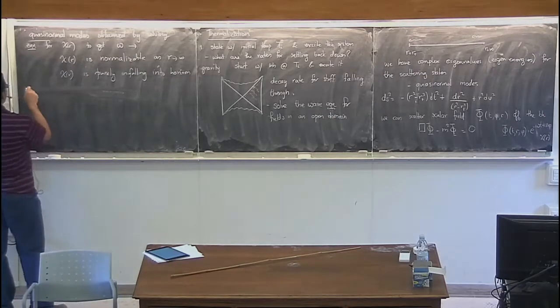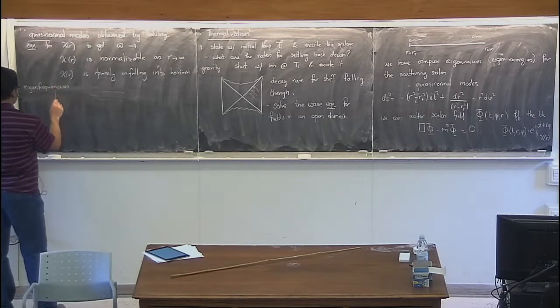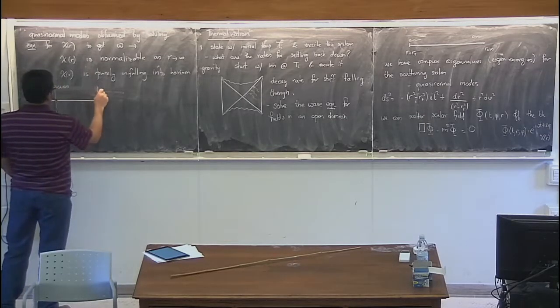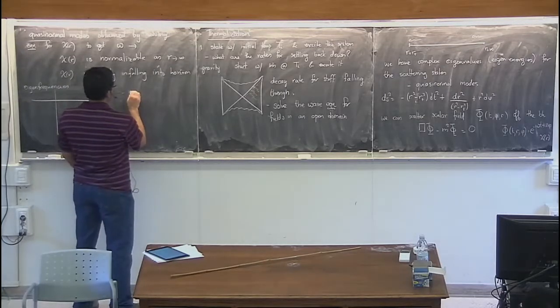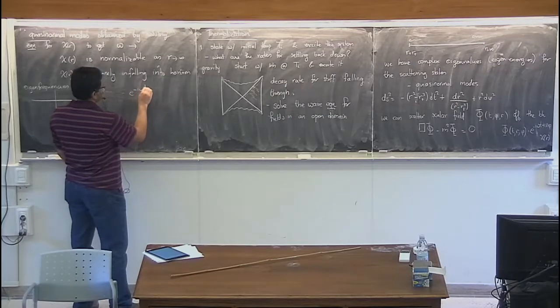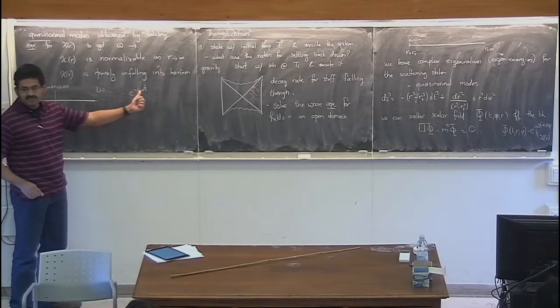The eigenfrequencies are complex, and since I have exponential damping, I have an oscillatory piece with a minus i omega t.